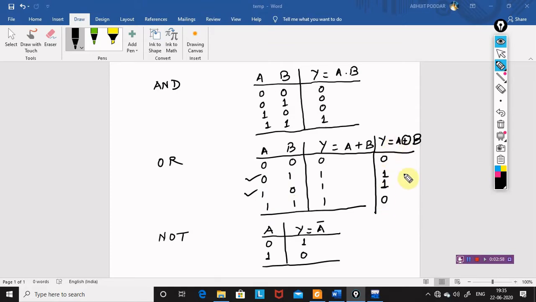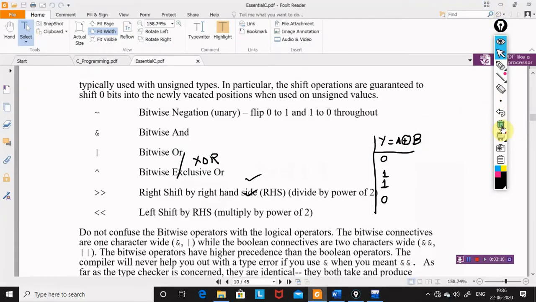So this is the output in the truth table for the exclusive OR. So let me write over here OR or XOR. So this is OR, this is XOR. So keeping this in mind, we can try to understand what happens when we use a bitwise exclusive OR operation.